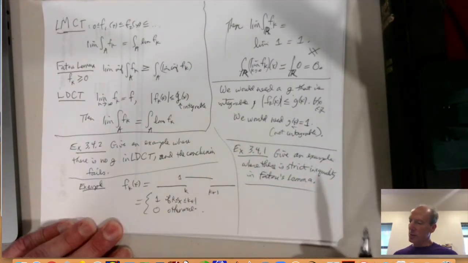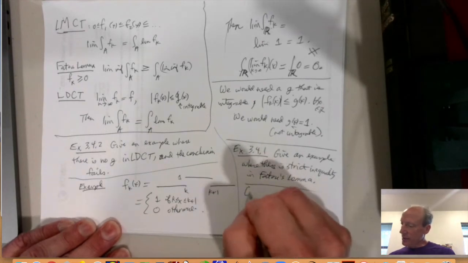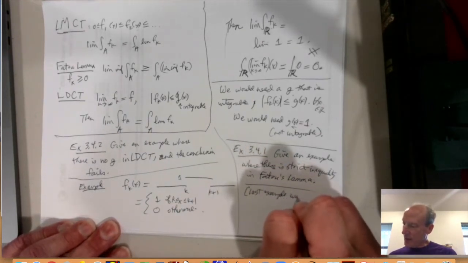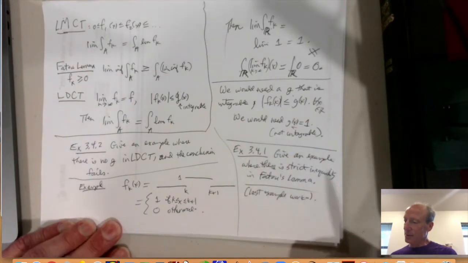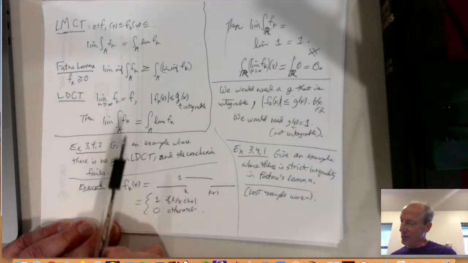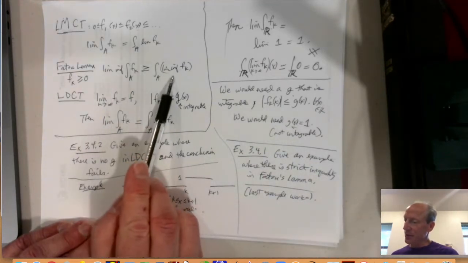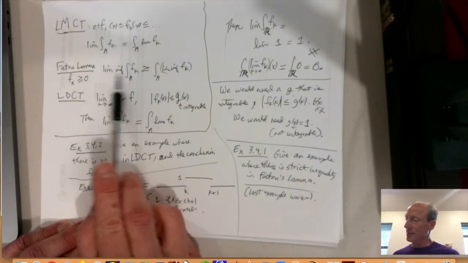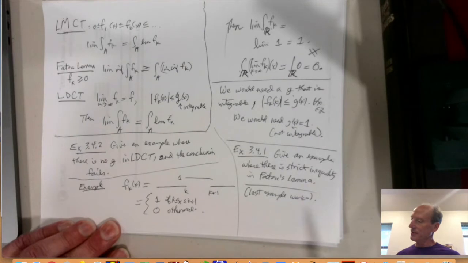Well, actually, the last example works because when the limit exists, the lim inf equals the limit. So you have a situation where this limit is 0, this is 1, and that would be 1 is greater than or equal to 0, right?